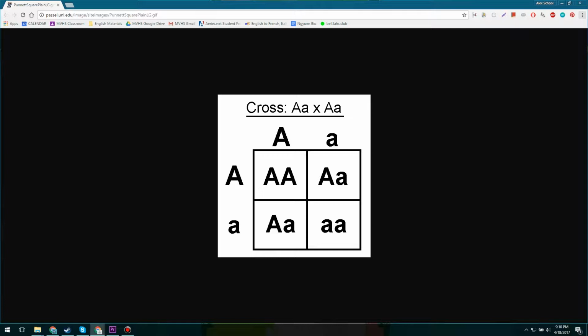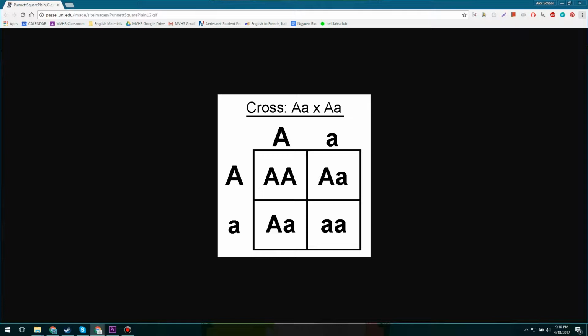The capital stands for dominant, and the lowercase is standing for recessive. Now, when these two combine in the square, these four squares are the genotype possibilities of their offspring. So if you look at the different letters, the different combinations of the letters are going to result in different symptoms. So, for example, capital A will result in the dominant gene.